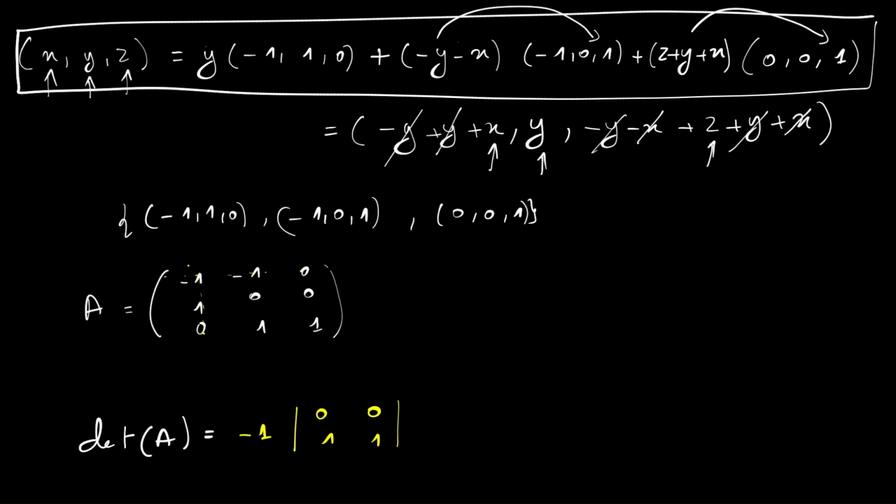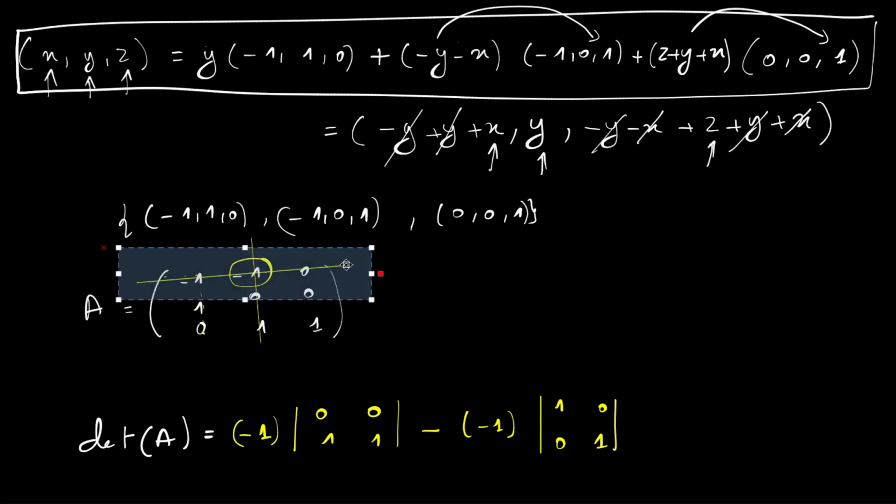Now I am going to put a minus 1 here. Then I take my second element, minus 1, and we multiply it by the determinant of the rest. Here we eliminate the second row and the first column, and we have 1, 0, 0, 1.